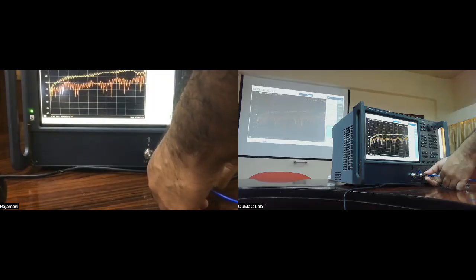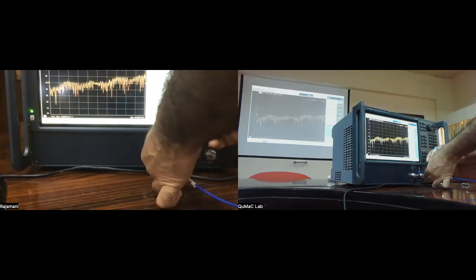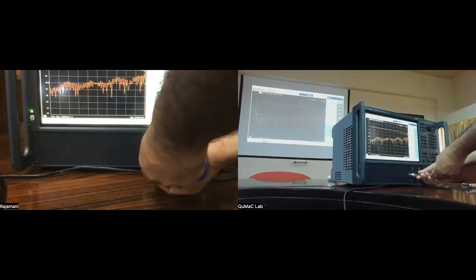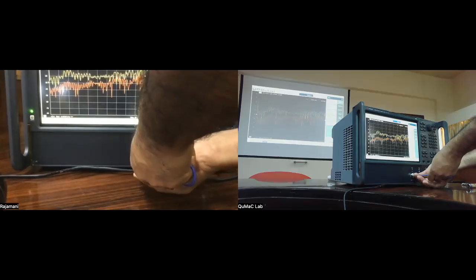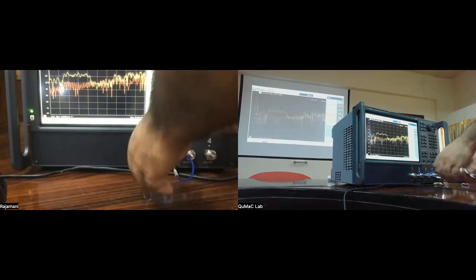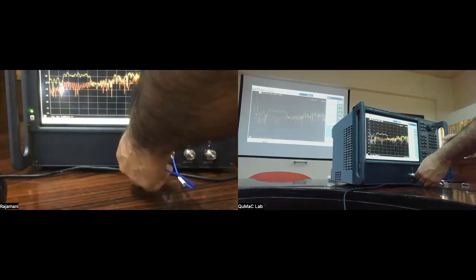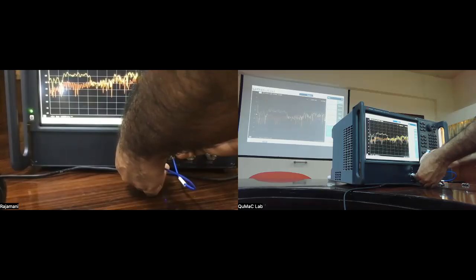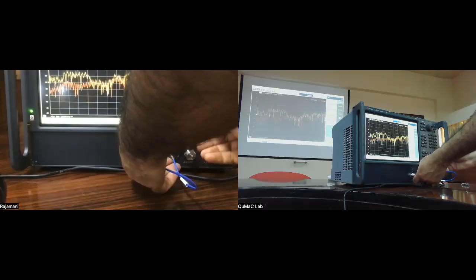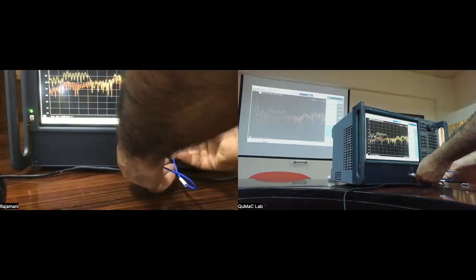Finally, reconnect this. Let's go back to the way it was. Let me put this to memory and compare it with a different cable.